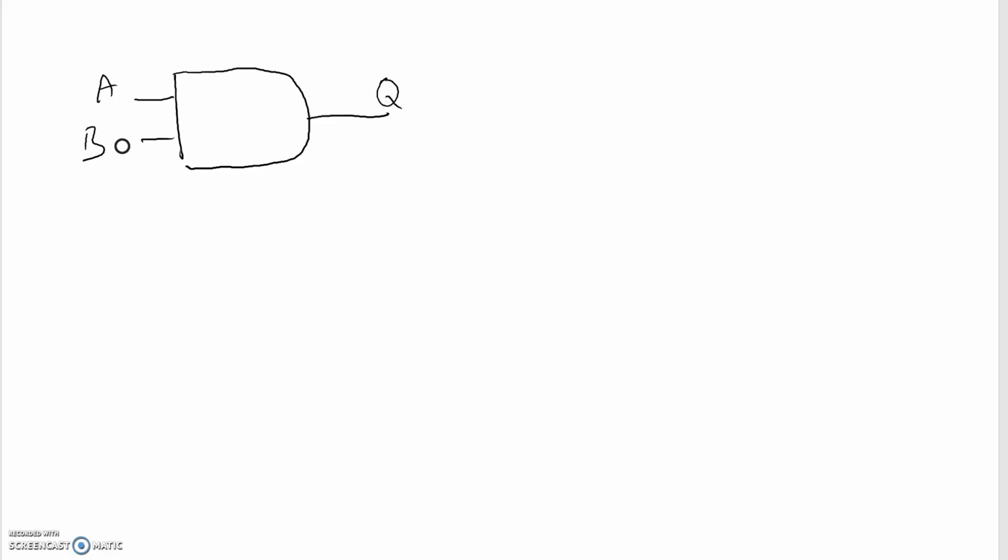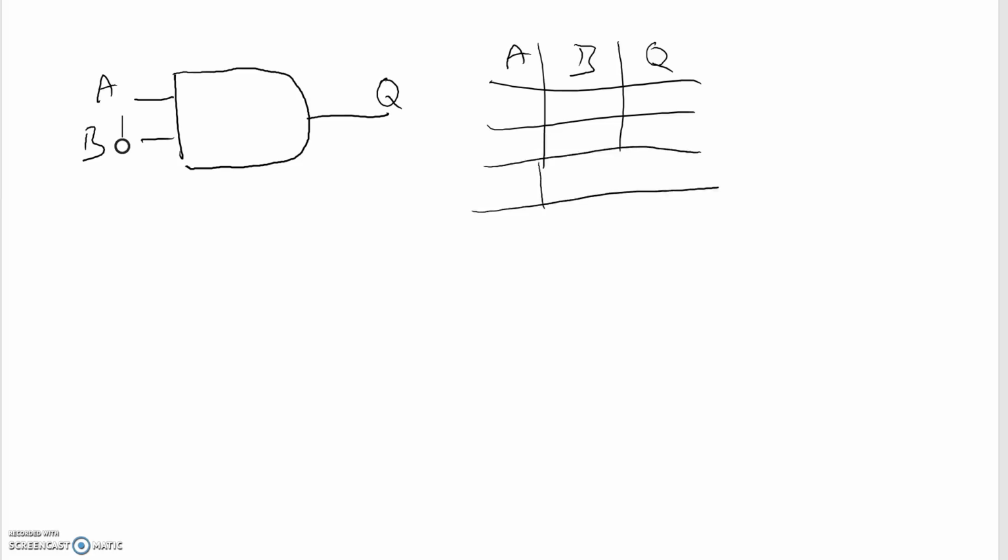And the truth table is very simple. What we've got is all the possible combinations of A and B. So 0, 0, 1, 1, 0, 1, 0, 1. And that gives us all the possible combinations.